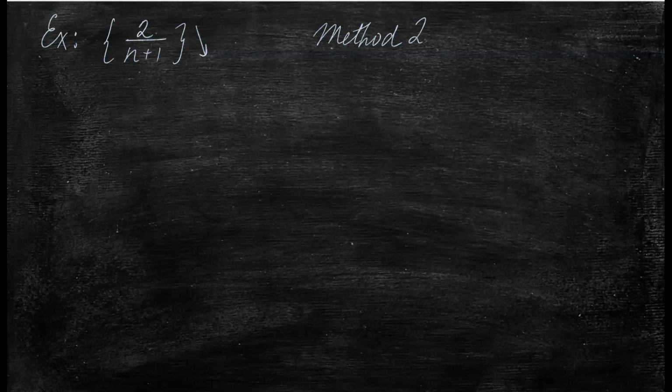Now let's do the same task, but the calculus way. By calculus way, I mean we're going to consider a function f of x on which this sequence resides, and we're going to restrict the domain to values of x greater than or equal to 1.